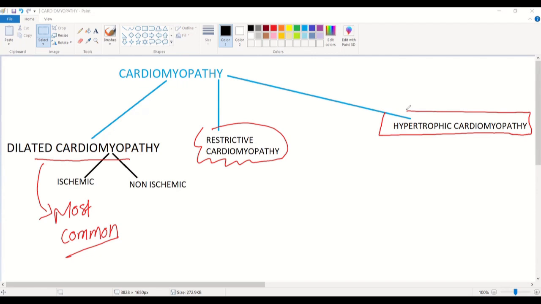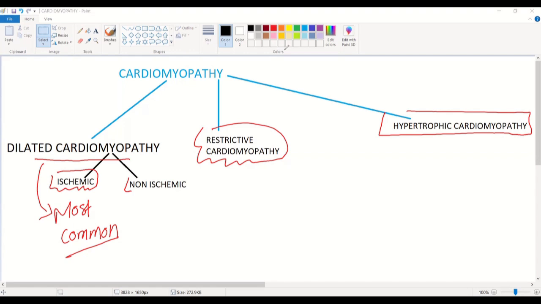The dilated cardiomyopathy causes are divided into two types, right? Ischemic causes and non-ischemic causes. The most common cause of the dilated cardiomyopathy is ischemic causes after the myocardial infarction. Ischemic causes simply mean the myocardial infarction.